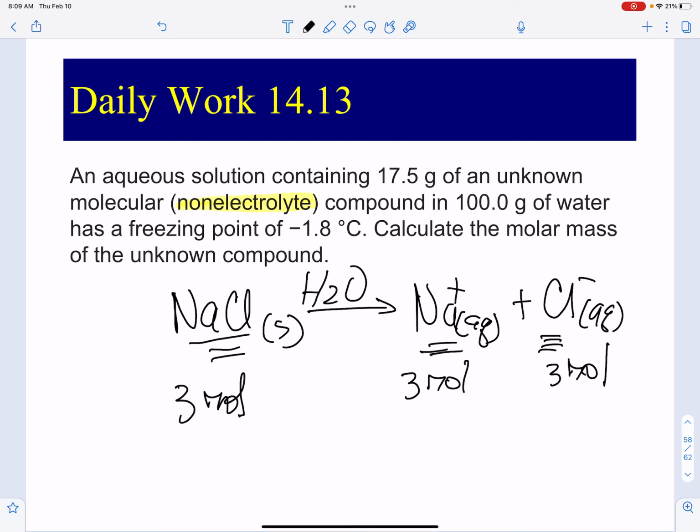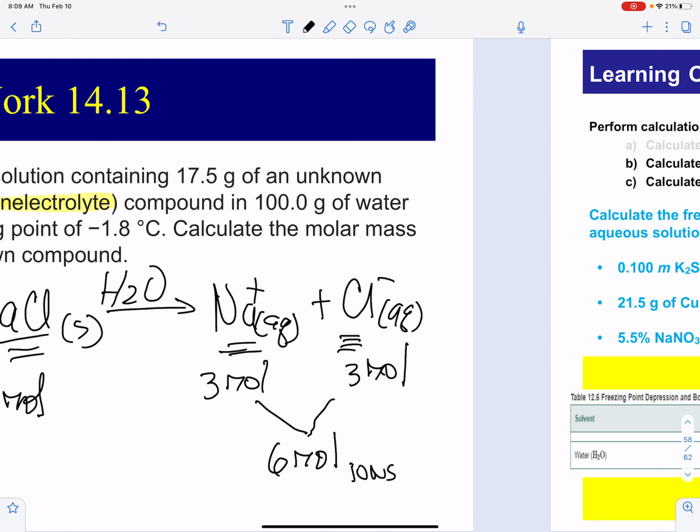In terms of molality, we don't care about what is what. We just care about the amount of moles of particles that we have. So in reality, in that solution, you're going to have 6 moles of ions. We don't care if they're positive or negative, but you got 6 moles. So that's what this formula is showing.